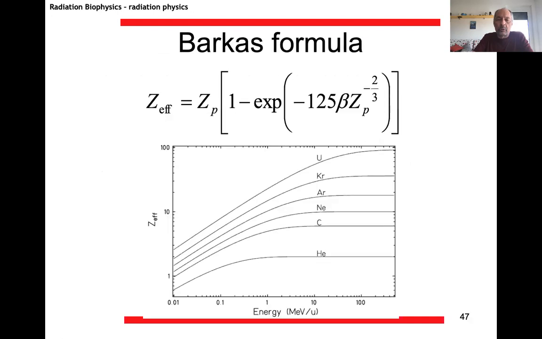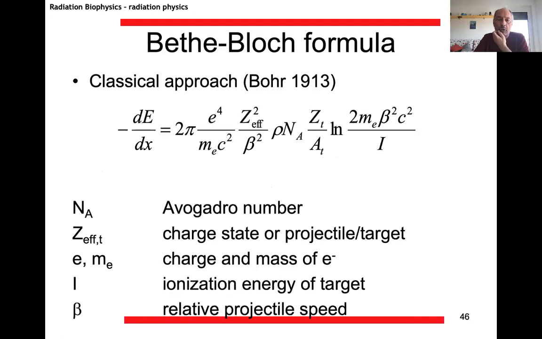Before I introduce the effective charge, I want to show you one thing. If you look at the dependence on the velocity in the Bohr formula, you see that when beta goes to zero, this energy loss will go to infinity. So it makes sense, of course, it is the usual story like for the cross section.